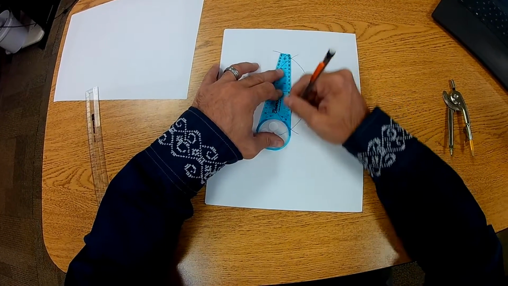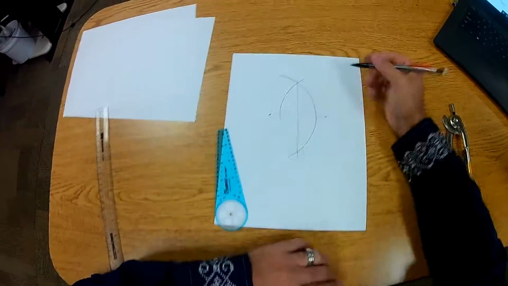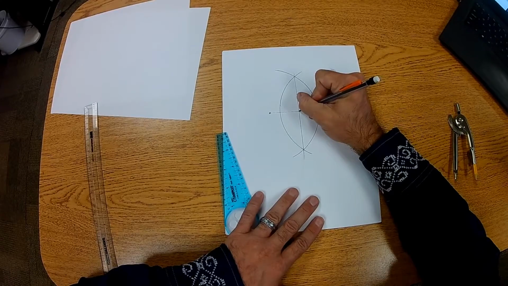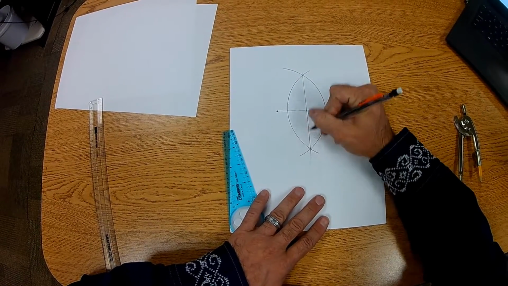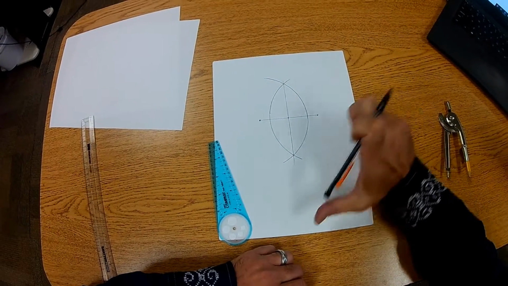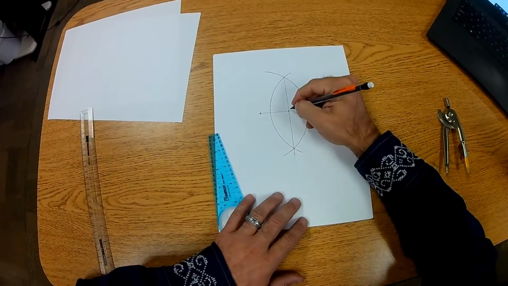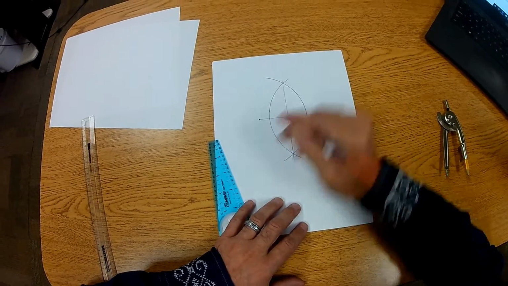So connect the dots, and there we go. This is the segment bisector. Not only that, but we have constructed a 90-degree angle.